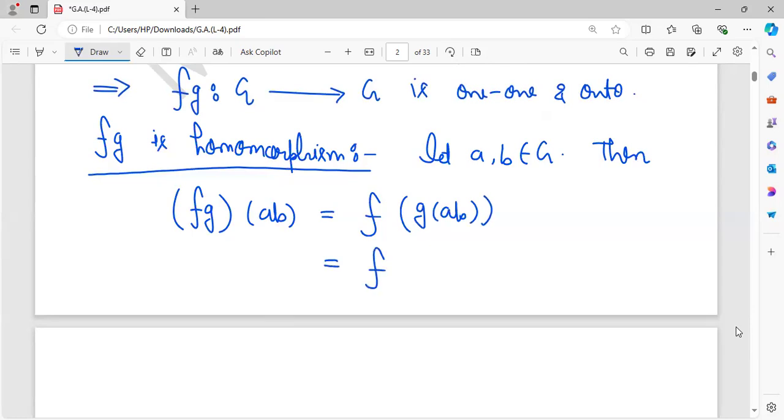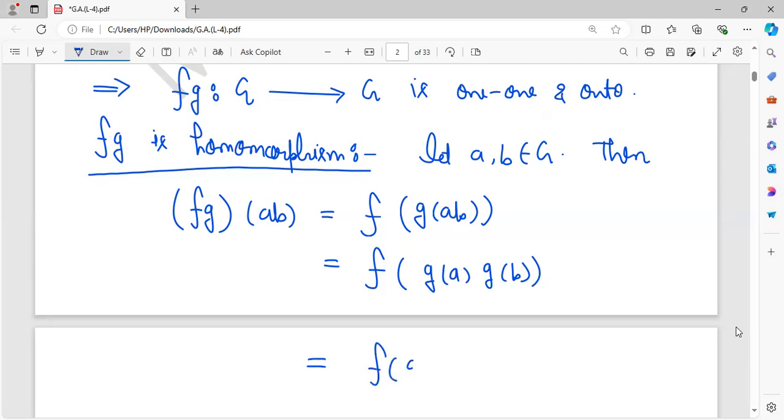But g is an automorphism, so it is a homomorphism. I can write it as f(g(a)g(b)). Again, the elements g(a) and g(b) belong to the group, and I can use the property of homomorphism here.